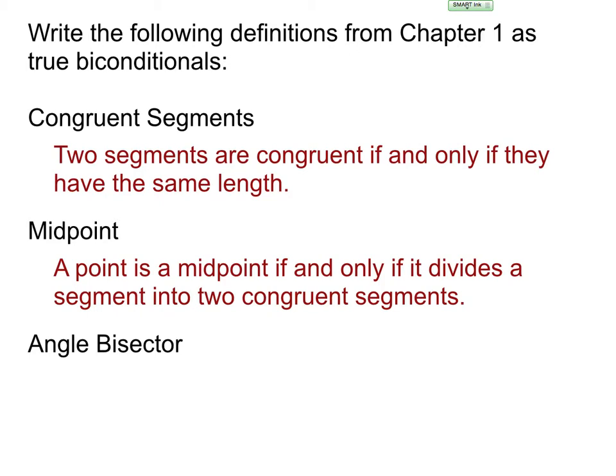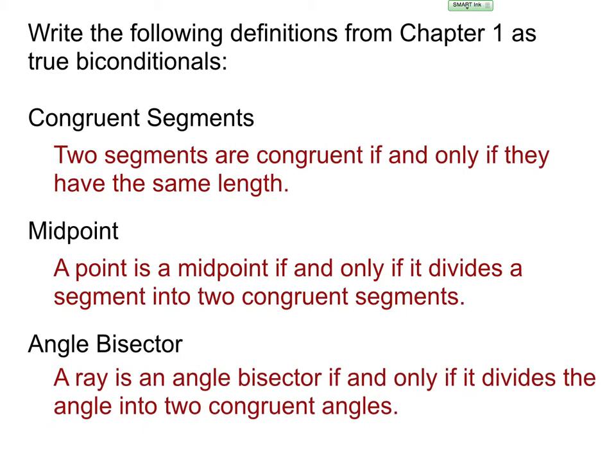And then you've got to know the definition to finish it. If it divides an angle into 2 congruent angles. Kind of patterned after our last one. A ray is an angle bisector if and only if it divides the angle into 2 congruent angles.